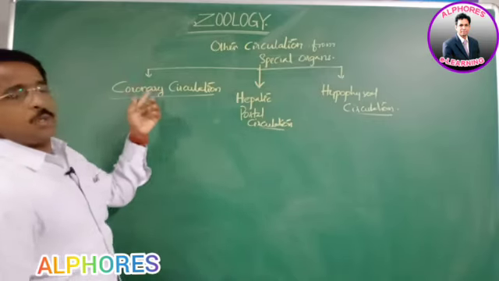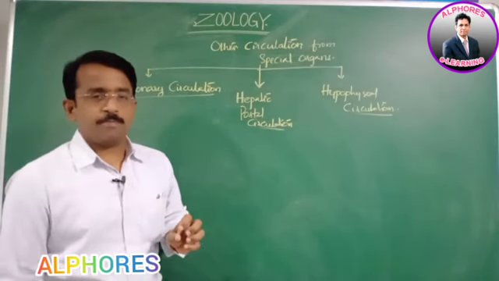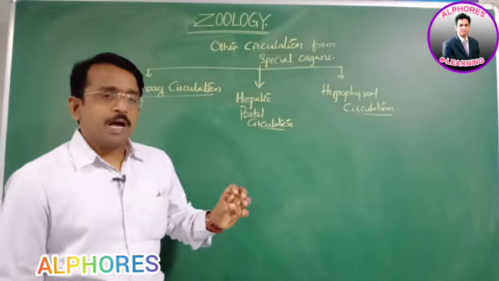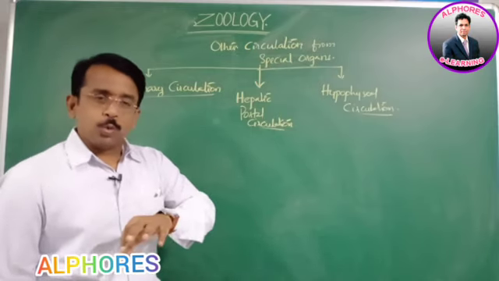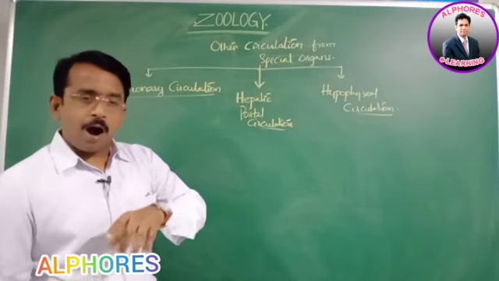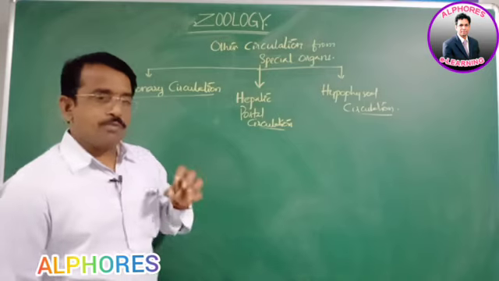That includes coronary circulation. Coronary refers to the heart, which means the blood circulation from the heart and to the heart. What do you mean by this?